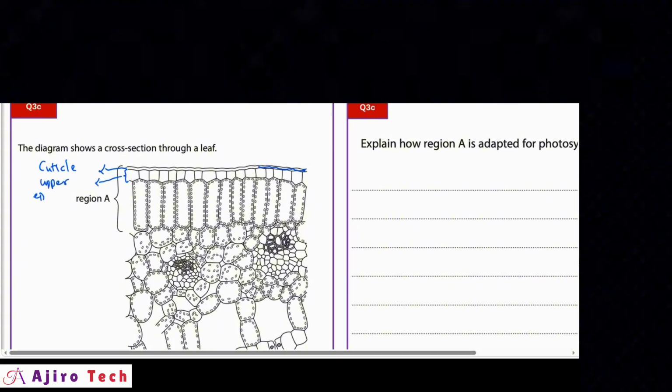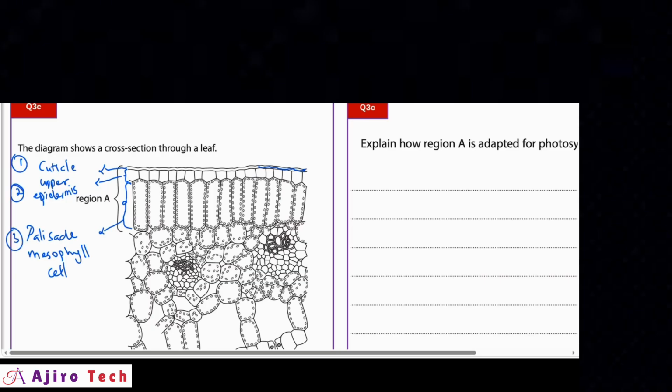Then followed by this large rectangular shaped cell, and it is called the palisade mesophyll cell. So region A is made up of the cuticle as the first one, the upper epidermis as the second one, then palisade mesophyll as the third one.